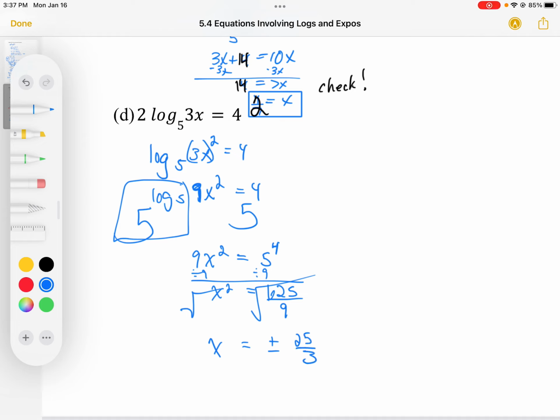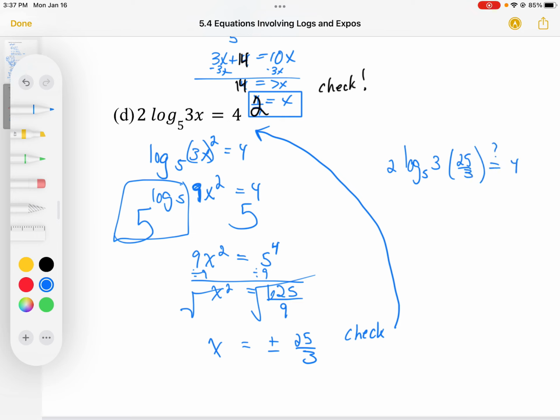25/3. But now, it's important that we check, right? We got to check our answers. So if we go ahead and plug positive 25/3 in here, we have 2 log base 5 of 3 times 25/3. Is that equal to 4?